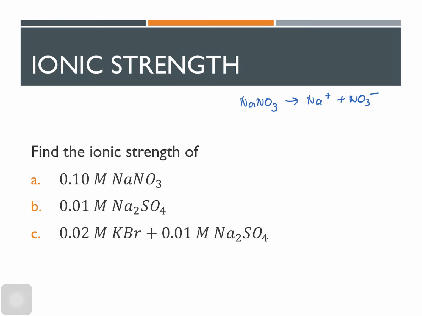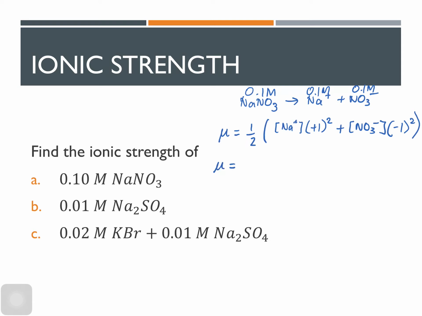If we have 0.1 molar of this, that means we have 0.1 molar of sodium ion and 0.1 molar of nitrate ions, and that is given by the stoichiometry. To solve for the ionic strength, mu equals 1/2 the concentration of sodium ion times its charge, positive 1 squared, plus the concentration of nitrate ion times negative 1 squared, its charge squared.